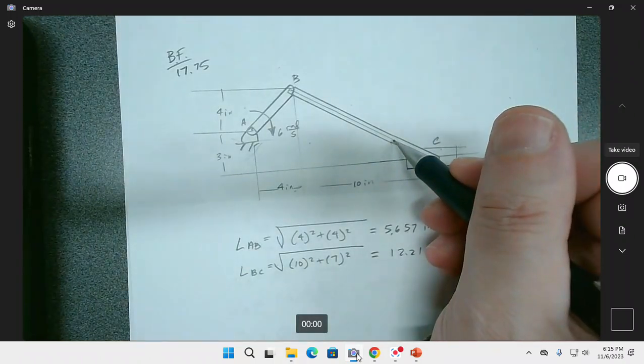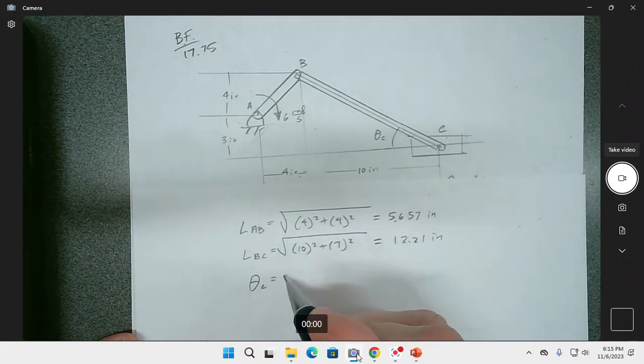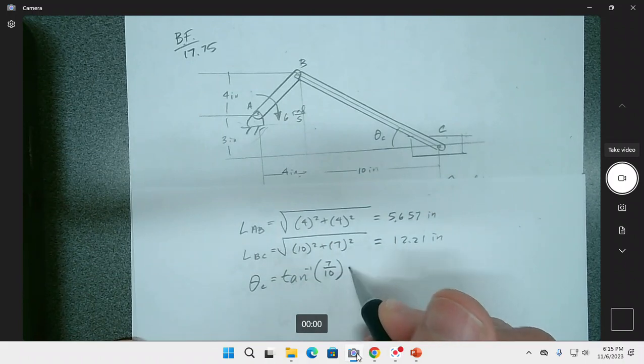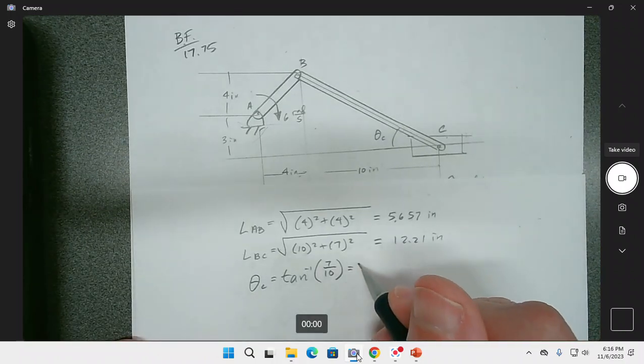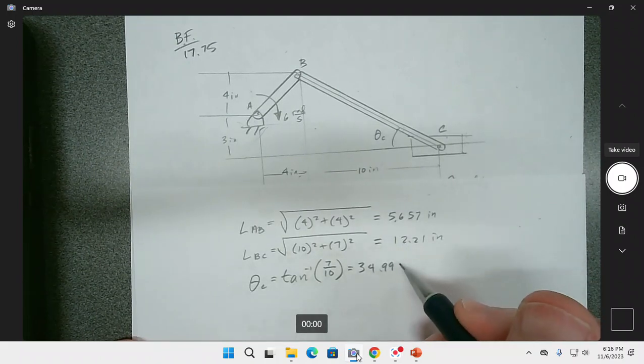Let's find out what this theta C is going to be. It's going to be the inverse tan of 7 over 10. And boom, we have 34.99 degrees.